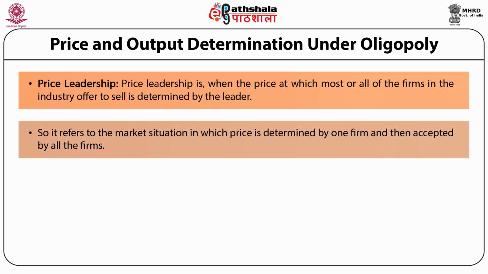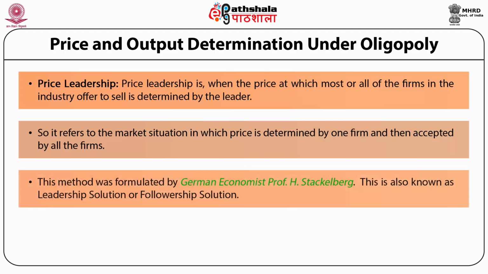So, it refers to the market situation in which price is determined by one firm and then accepted by all the firms. This method was formulated by German economist Professor H. Stackelberg. This is also known as leadership solution or followership solution.